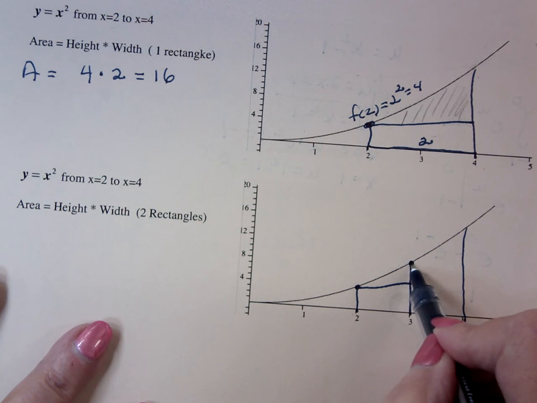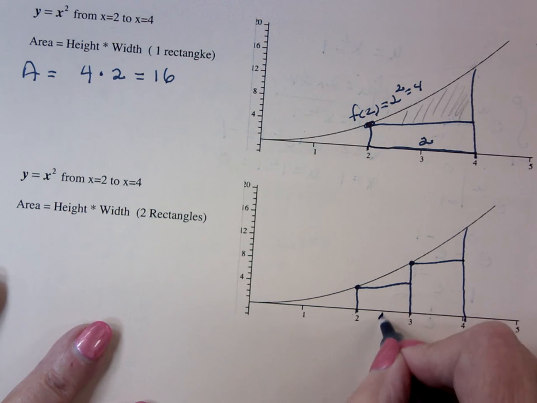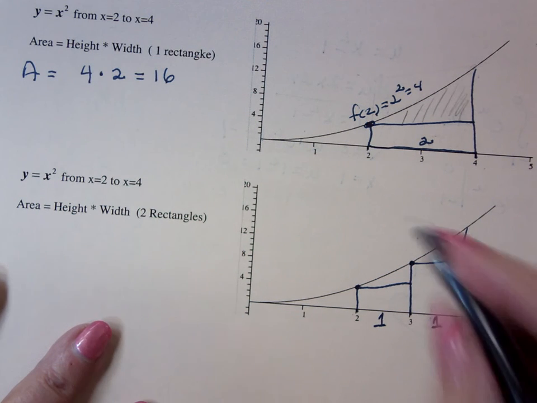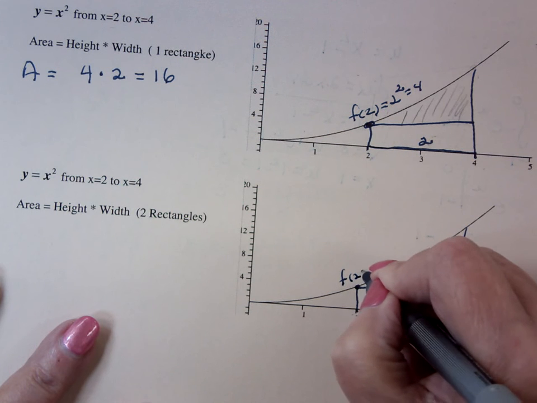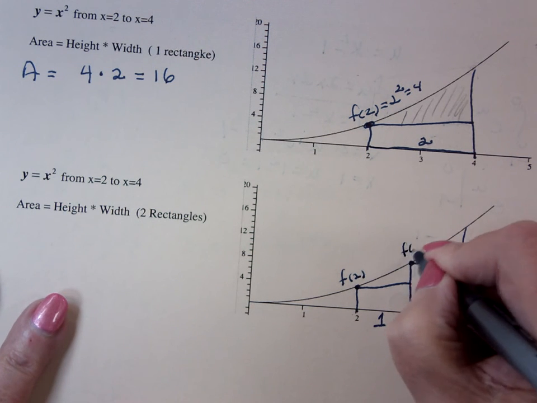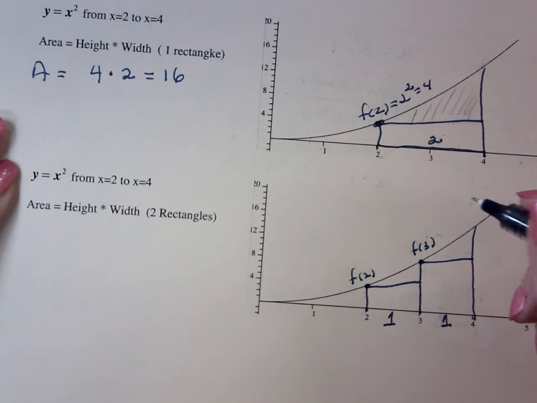My first rectangle, up, hit the curve, come straight over. Now the base of each rectangle is 1 unit. And if I think about the height of this rectangle, the height is f of 2, it's the y value. The height of the second rectangle is f of 3. And f of x in this case is going to be x squared.